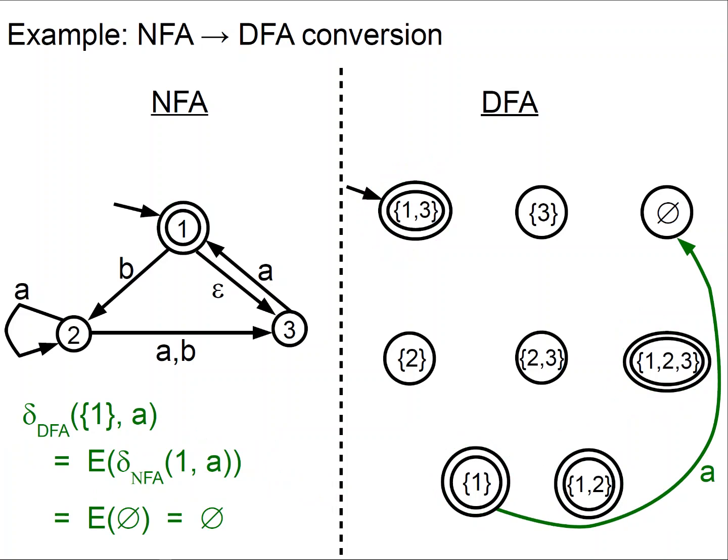In the DFA, the transition from state {1}, reading symbol A, would be the epsilon closure of delta NFA of 1, A, which is the epsilon closure of the empty set, which is the empty set. So you can think of the empty state as a sink state here.